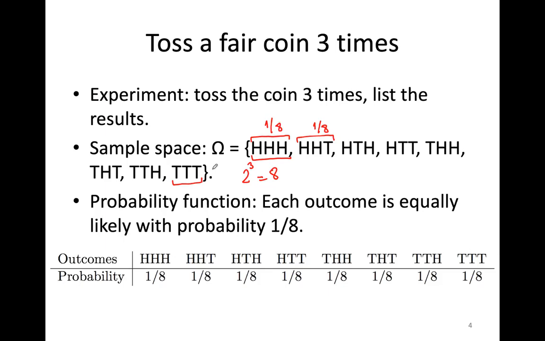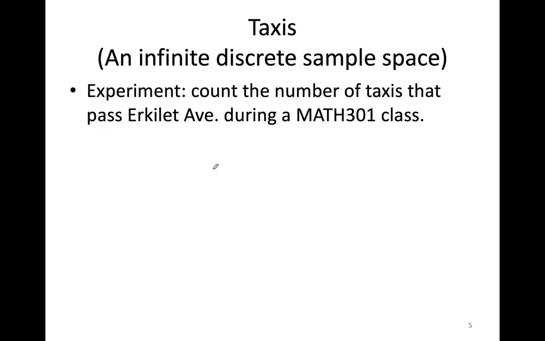Now think about a different example, different from flipping a coin or rolling a die. We may want to count the number of taxis, the cars, that pass Erkilet Avenue during this course, for example in this 1 hour.